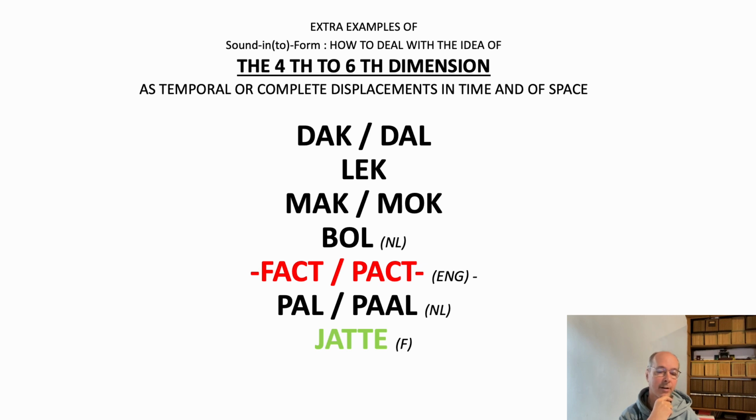And these are the words that I will use, mostly Dutch words, because I was preparing a small lecture: dak, dal, lek, mak, mok, bol. 2 English words: fact, pact. 2 more Dutch words: pal, pal, and jat, a French word.